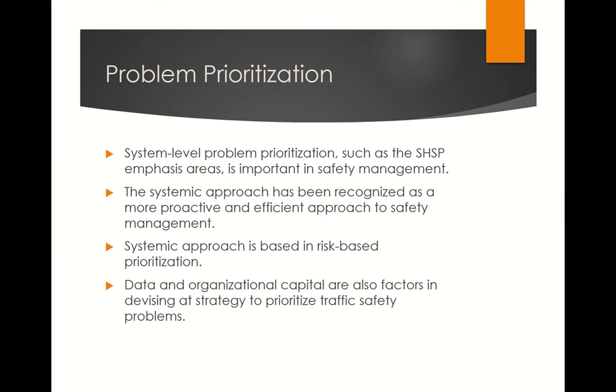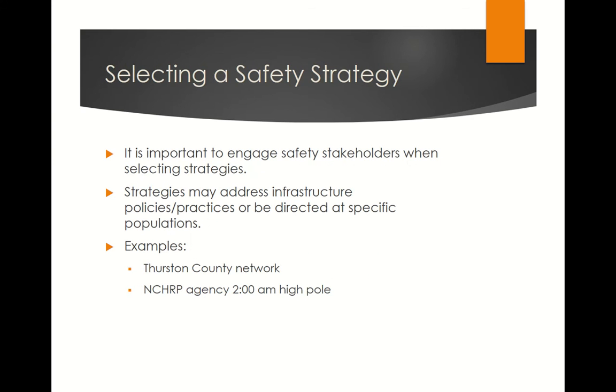The systematic approach is based in risk and risk-based prioritization. Data and organizational capital are, of course, factors in devising a strategy to prioritize those traffic safety problems. When we're looking at selecting a traffic safety strategy, different stakeholder groups have different perspectives. Keeping that in mind, there's local and state perspectives, which certainly are not always in agreement.